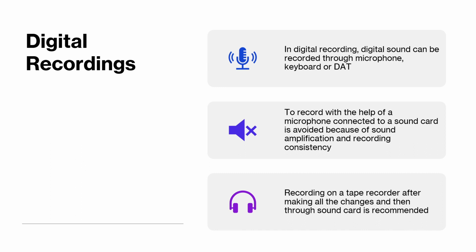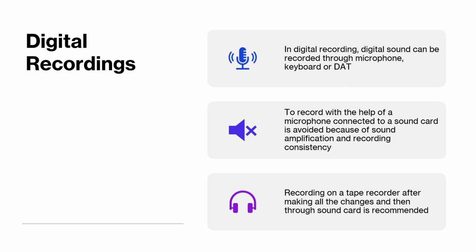So digital recordings. Generally, in digital recordings, the digital sound can be recorded through a microphone, keyboard, or DAT, which is the digital audio tape. Recording with the help of a microphone connected to the sound card is avoided.